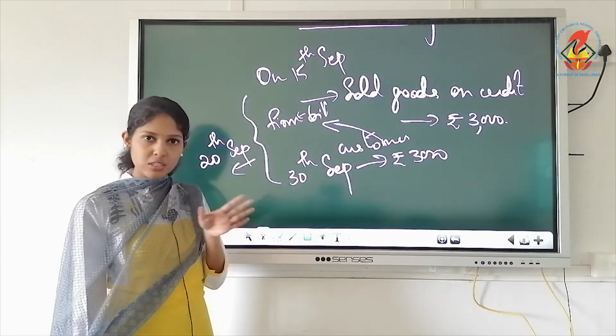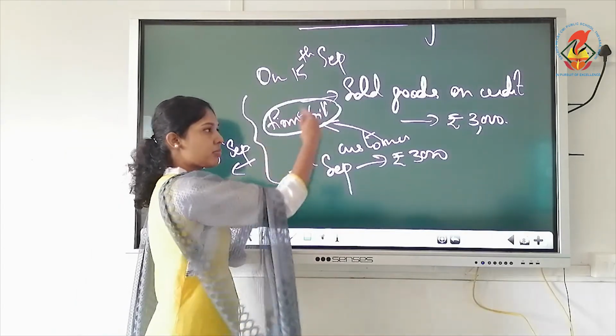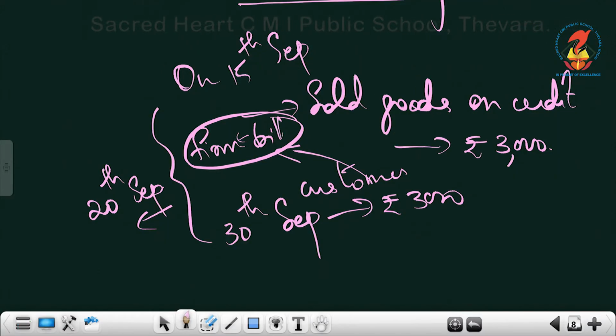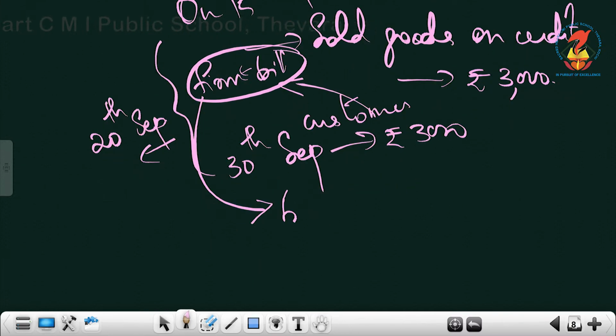So, what we can do in this situation is, you can take this bill. The firm is having the bill of 3000. That bill the firm can take, and you can present this bill to the bank. All these happening on 20th of September.